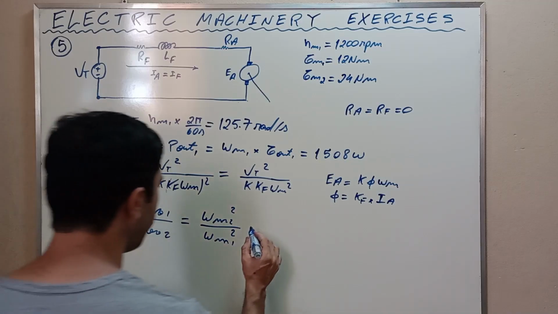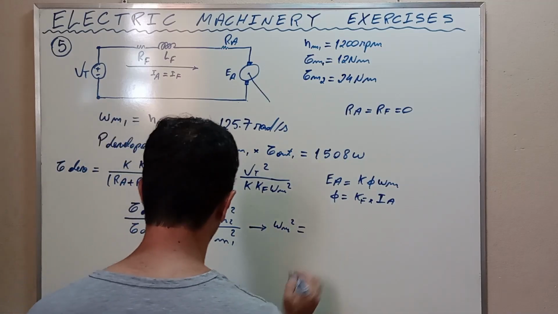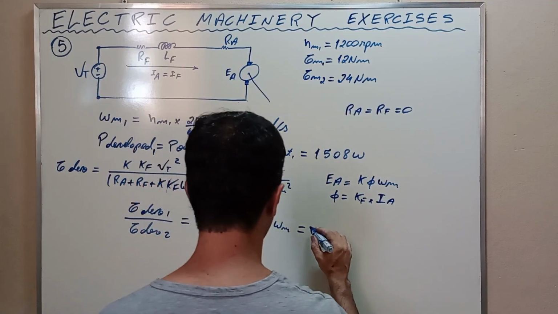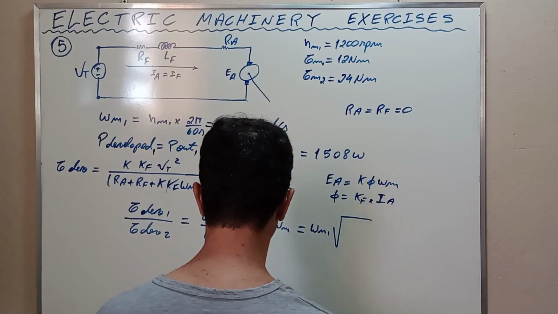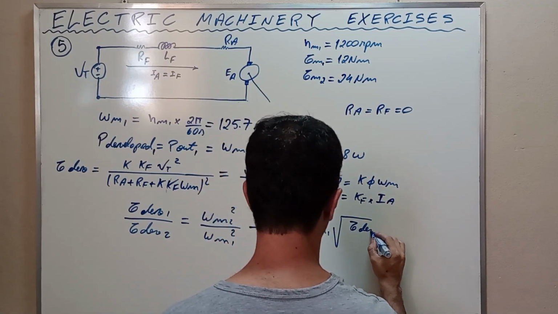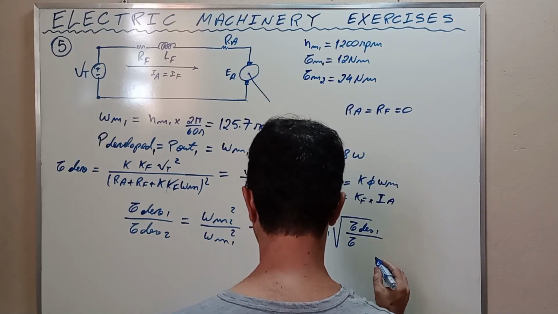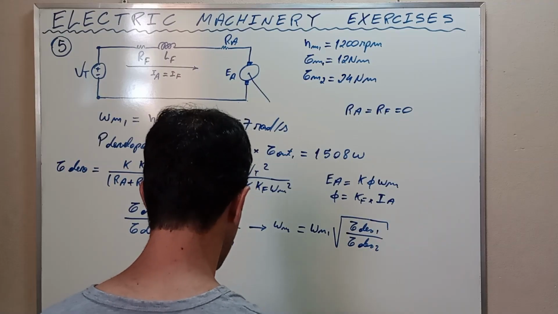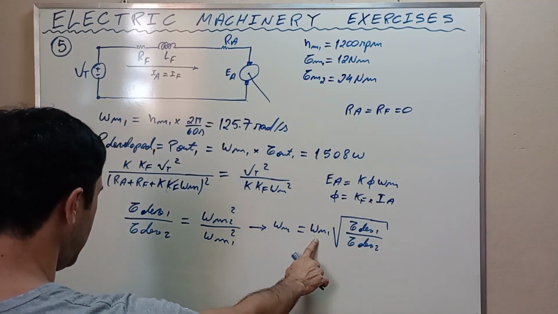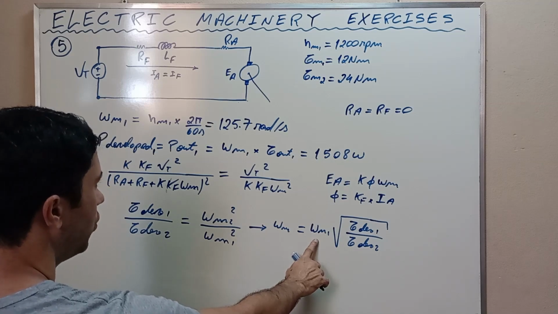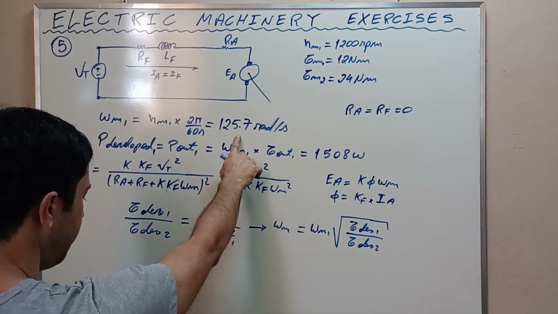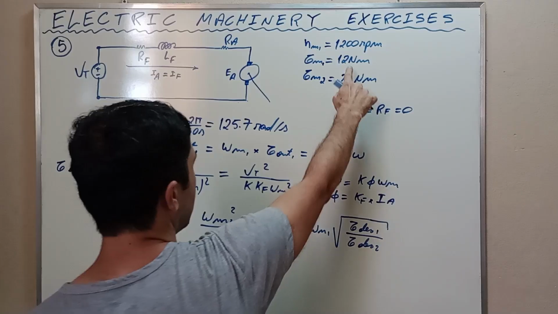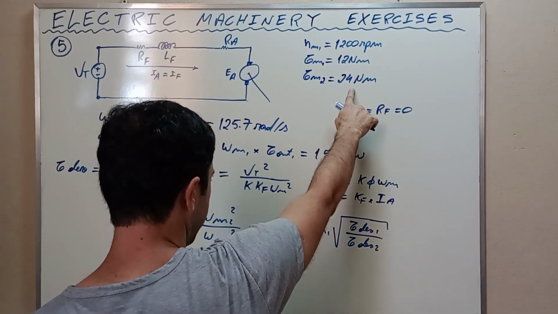Solving for Wm2, we find that Wm2 is equal to Wm1 times the square root of the developed torque number 1 divided by the developed torque number 2, and this is equal to 125.7 radians per second times the square root of 12, number 1, divided by 24, number 2.